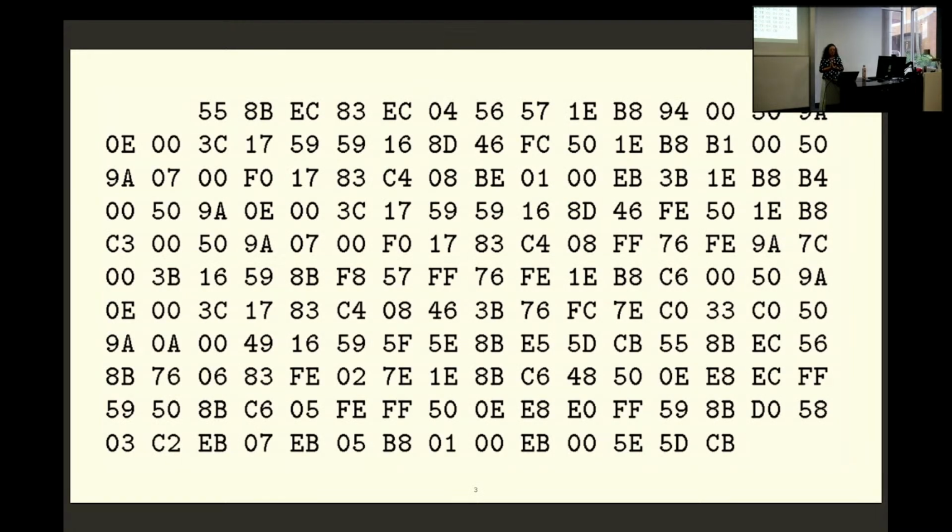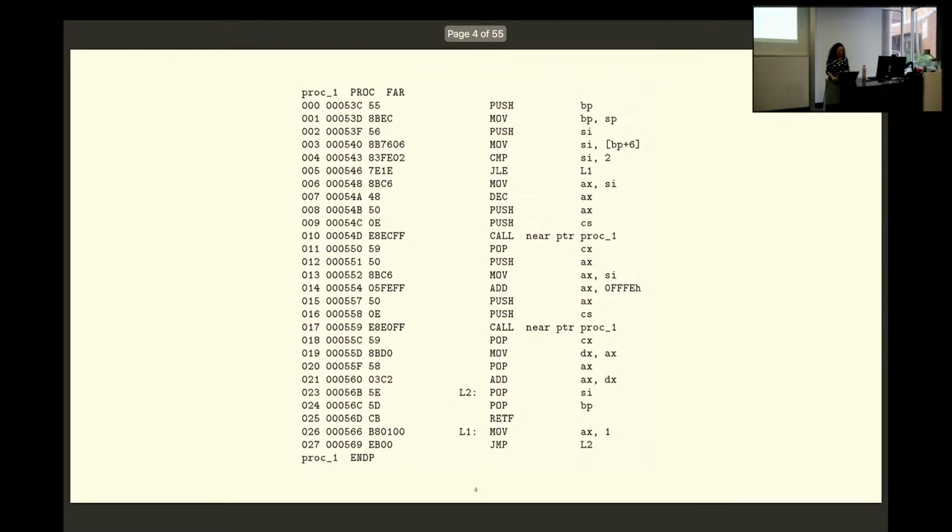So, decompilation. This is what I used to read during my PhD thesis. Reading hexadecimal code was fine, and you get to know all the patterns and what the instructions are. This, by the way, is the Fibonacci program for the x86 machine.